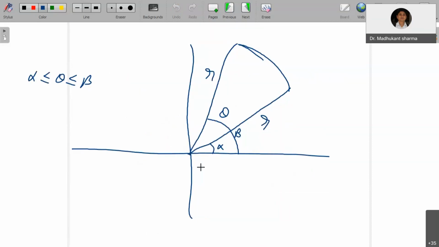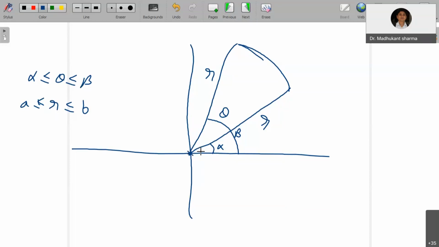A is less than or equal to r less than or equal to B, in r and theta. This is called the polar rectangle, and this is how you can define it.